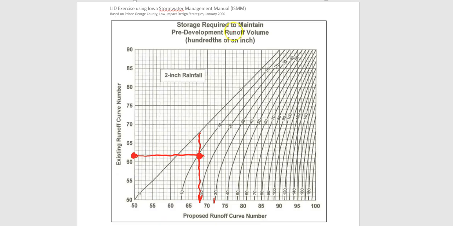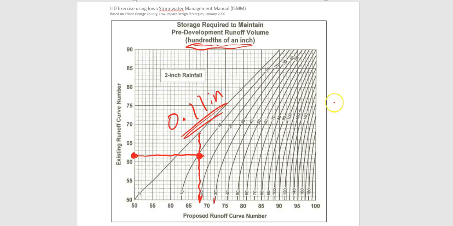So storage volume required to maintain pre-development runoff volume, hundredths of an inch. An inch isn't a volume. It's okay. That's the thing we do with the runoff with the NRCS method. We talk about inches of rain as a volume. So I'm going to say this is 0.11 inches.